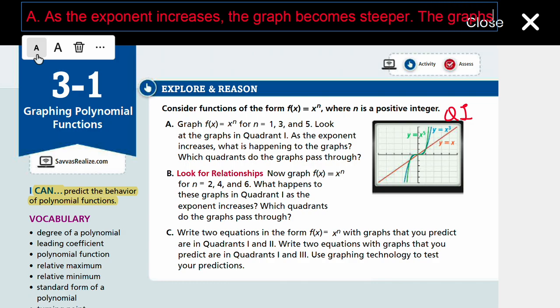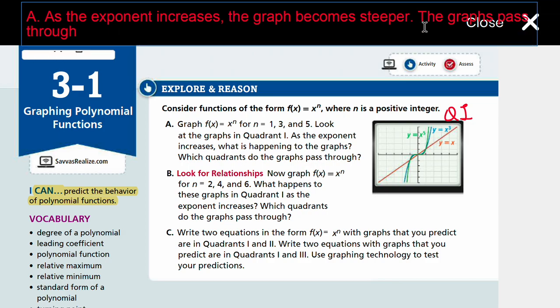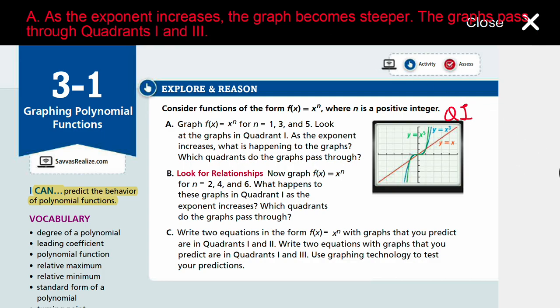The graphs pass through quadrants 1 and 3. Right? So you count the quadrants from the top right to the left, it's counterclockwise. Okay, 2, 3, 4.